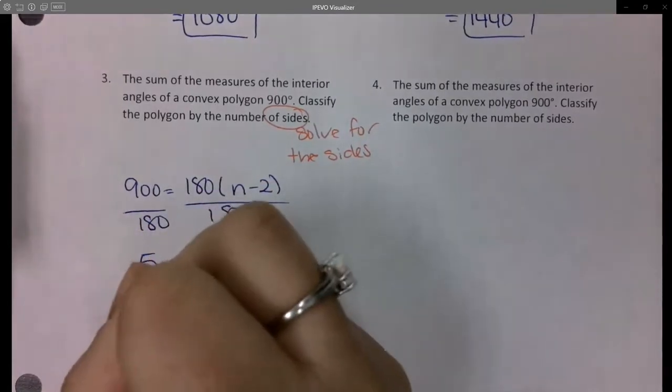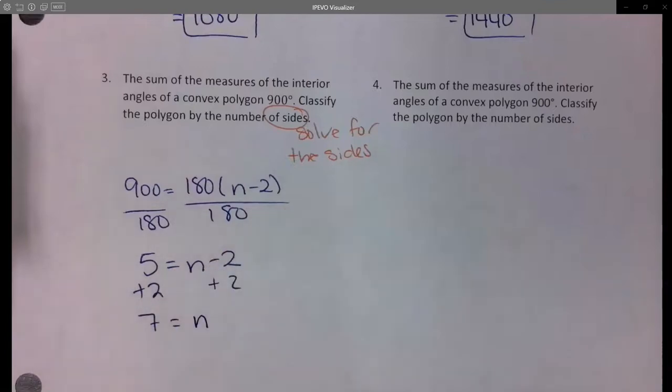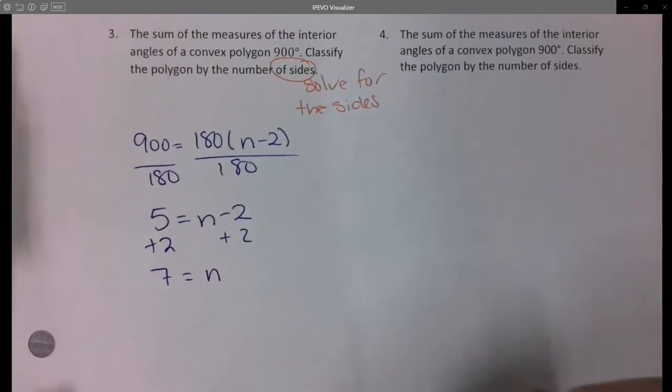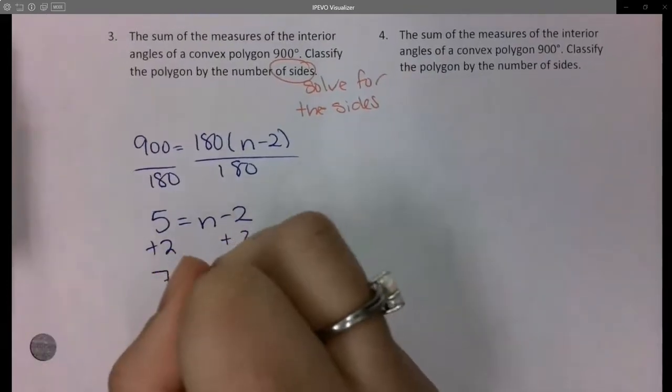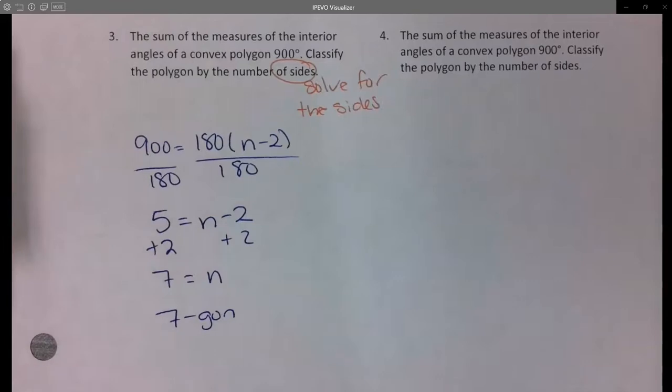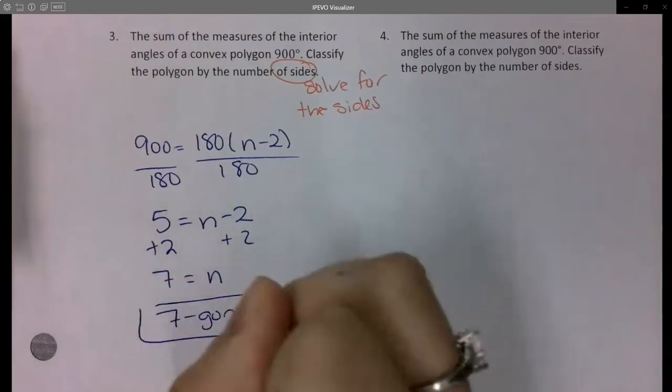This is going to give me 7 on the left and n on the right. Then, since it wants me to classify the polygon, I'm going to call it a 7-gon. If it was a special one, like a hexagon that has 6 sides, I would say that name.